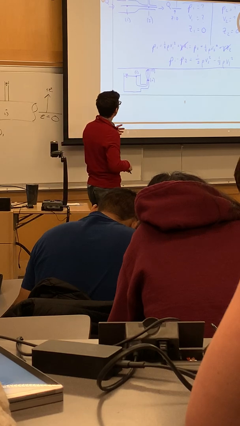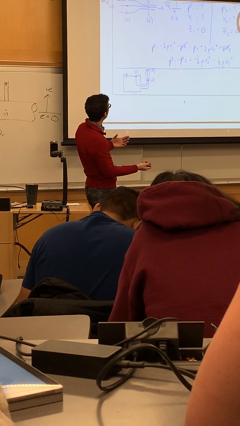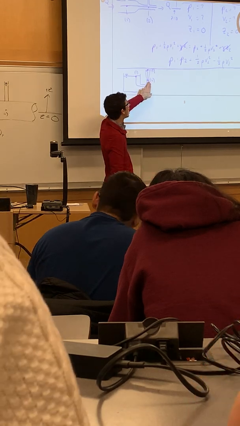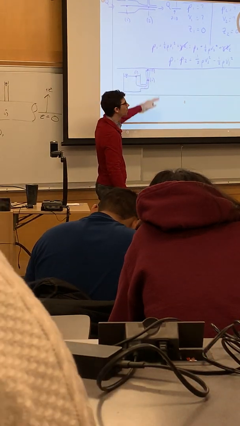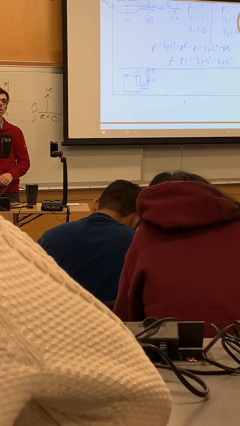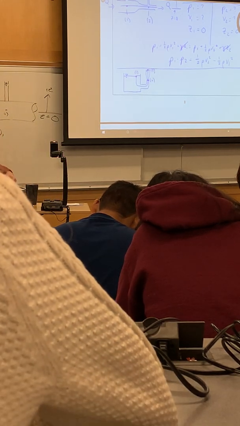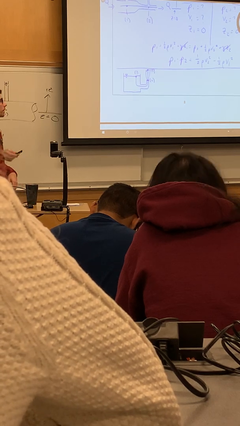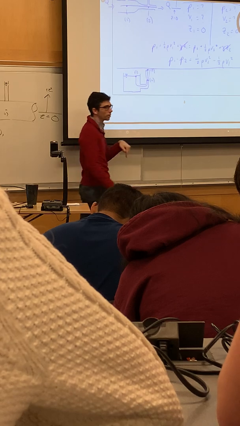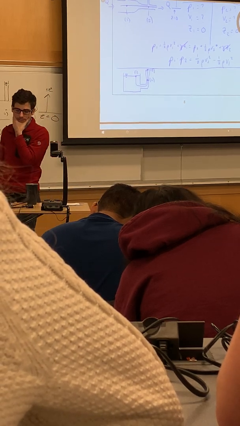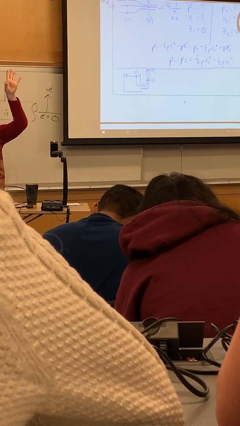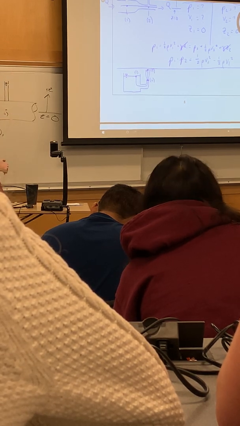So this is an example where it's convenient to divide and conquer, essentially, right? From 1 to 2, we can develop an expression to solve for the velocity at 2, which is simply the square root of 2gh. So we know the velocity leaving the orifice. What you might be asked to solve for is the height of that jet of water.